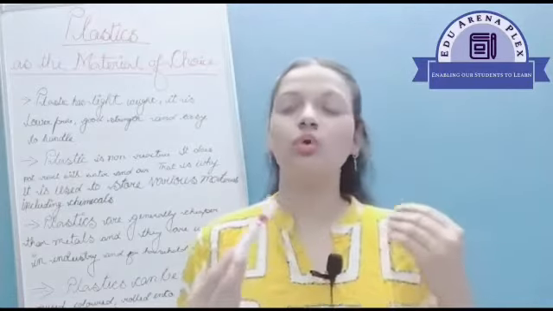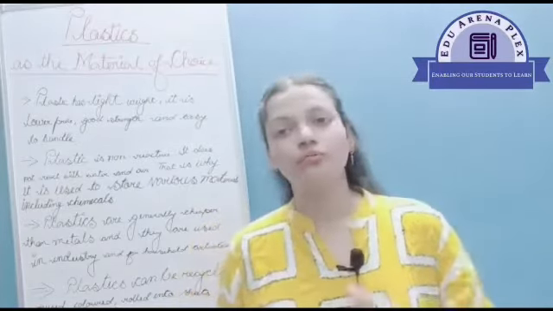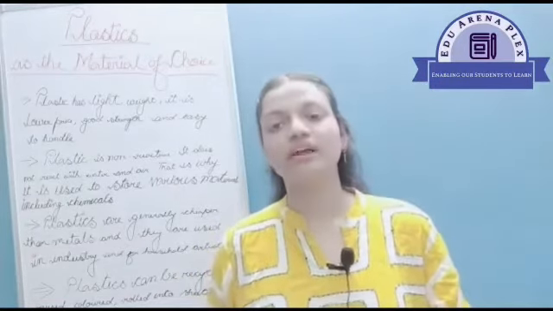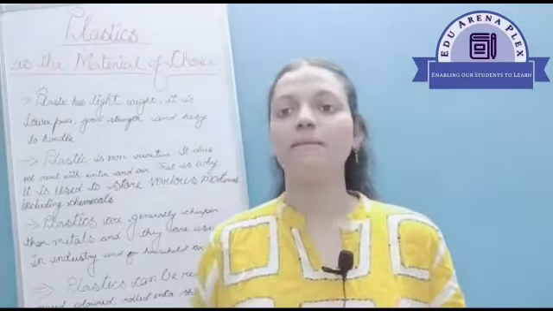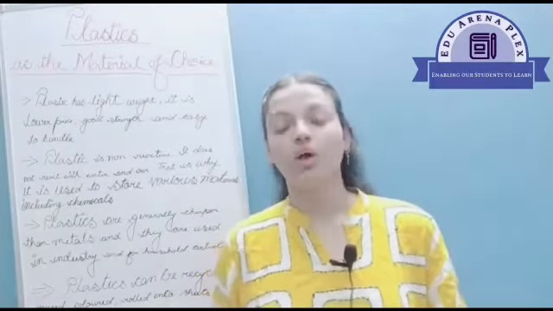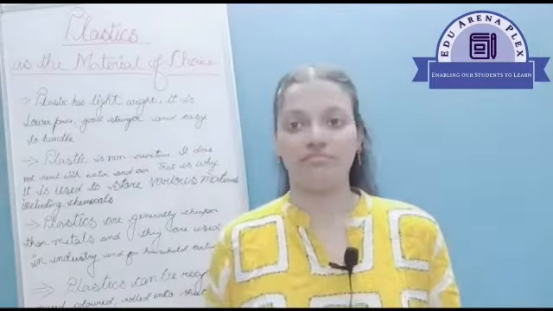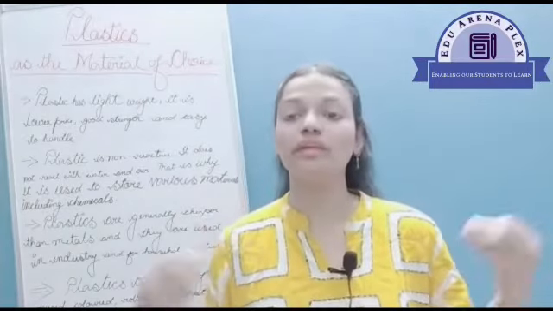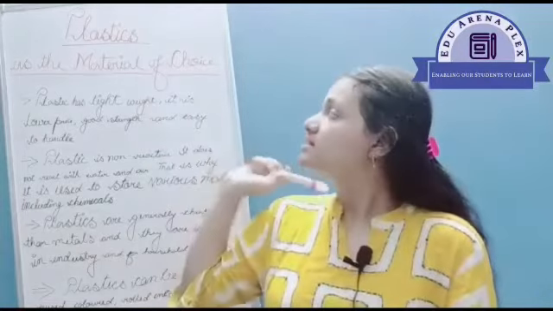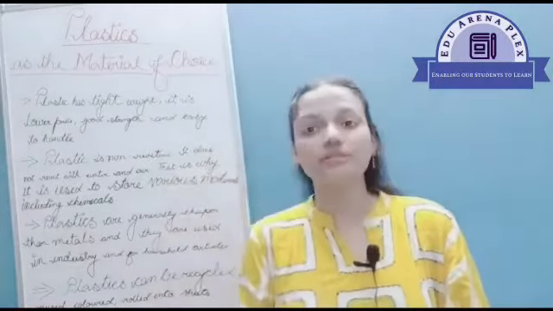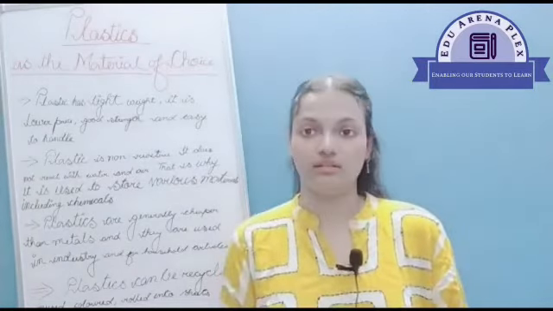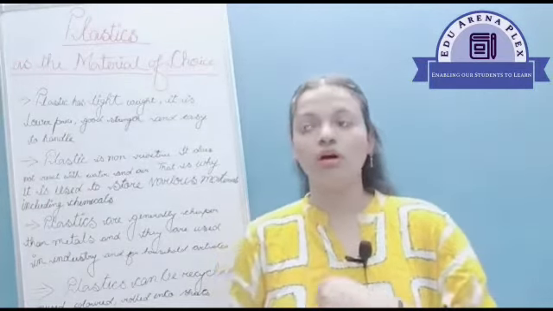And if you look for a container or other accessories, most of them are made of plastic, whether it is a chair or a table, endless stuff. So why is plastic a material of choice for us? Why do we find each and everything made of plastic?